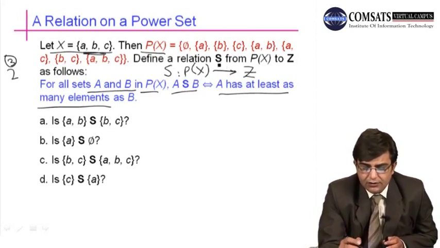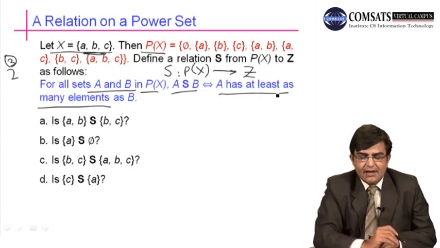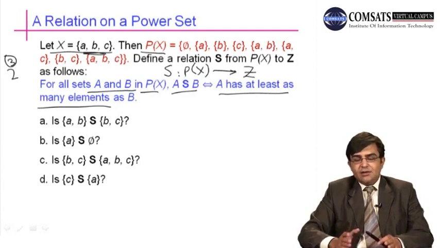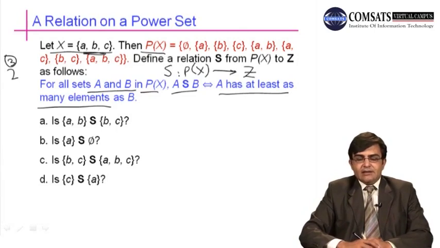So we define that set A is related to set B under the relation S if and only if A has at least as many elements as B. What does it mean? The number of elements in A is either equal to or greater than the number of elements in B. This is what this relation means.